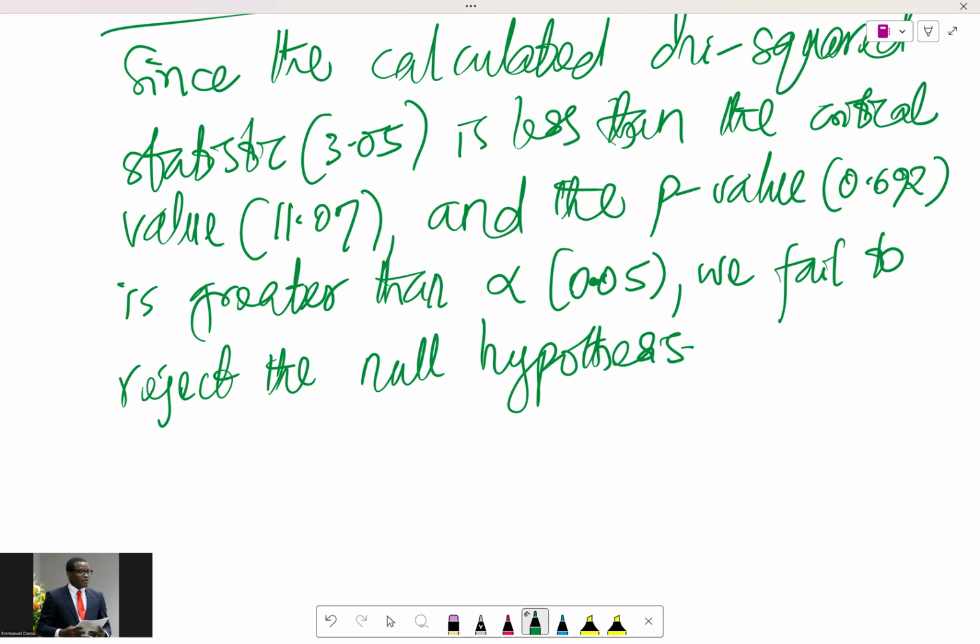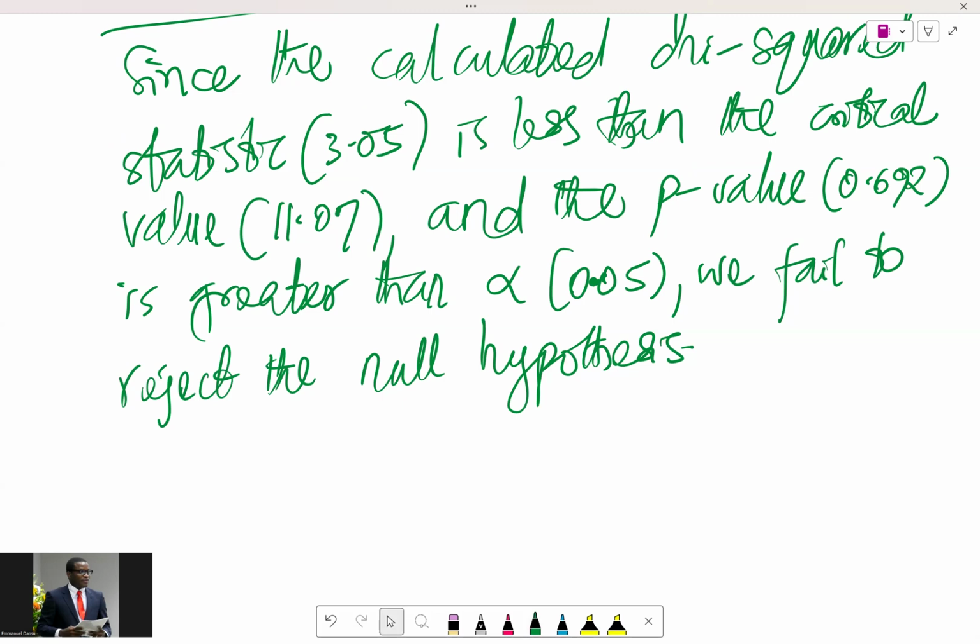But if what you calculate is bigger than what you get from the table, then you reject the null hypothesis. Same goes for the p-value: once your p-value is greater than your significance level, you also accept the null hypothesis.